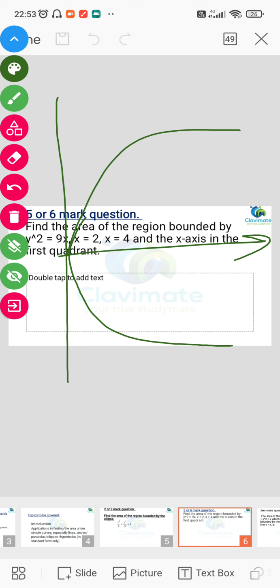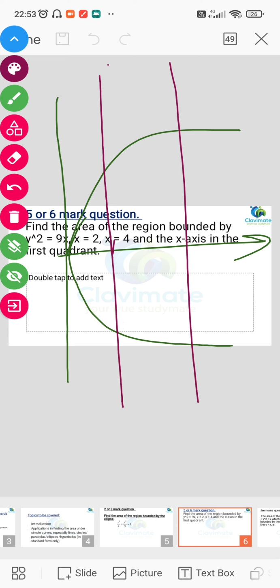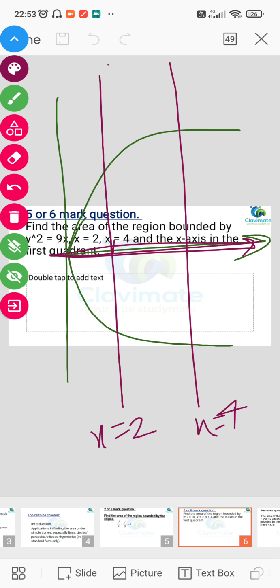Now we are also given x is equal to 2, so let us mark x is equal to 2, and x is equal to 4. The next thing we are given is the x axis. So this is our x axis, and since we are given the first quadrant, we have to just find the area of this portion.